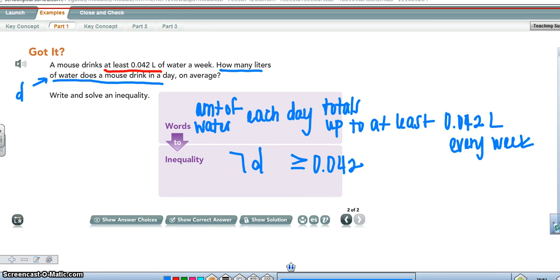Okay, so for solving, we have again a multiplication expression. We can divide both sides by 7. Our inequality statement should still hold true. We are dividing by a positive value of 7.